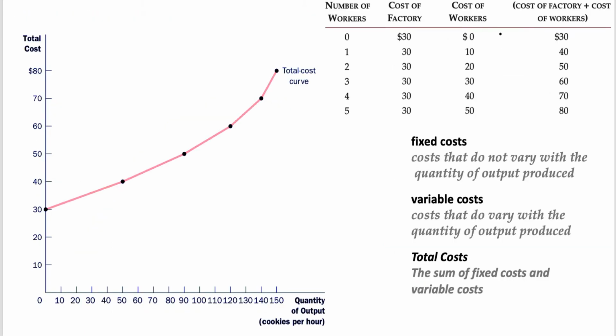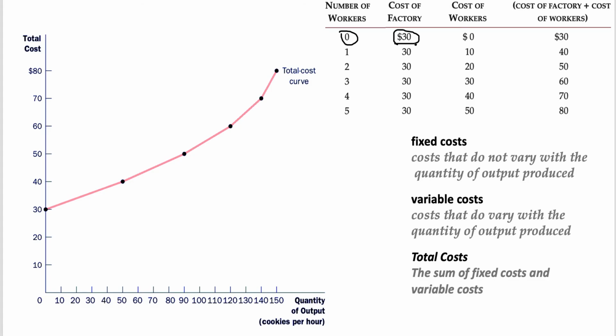So what does it mean by cost? Here, continuing from the previous example, we have zero labor. There are some costs which we have to pay whether we produce anything or not. For example, rent of a factory, so we have to pay 30 ringgits.